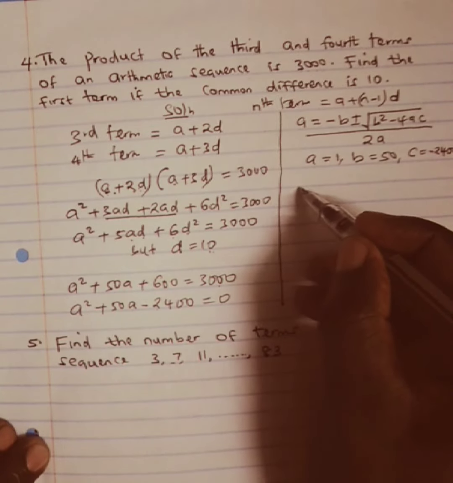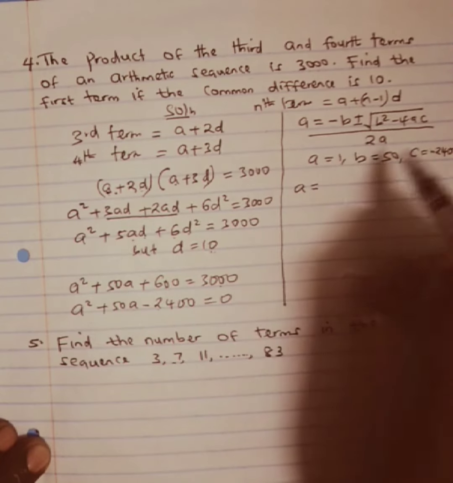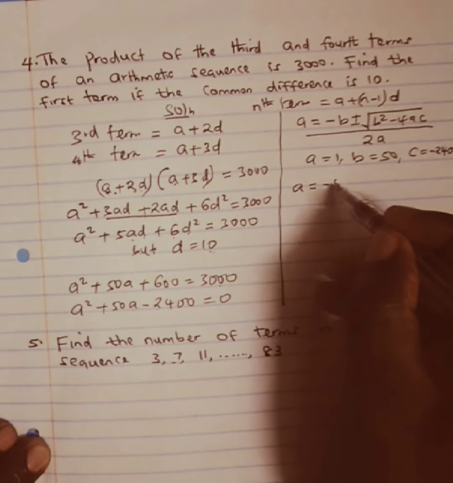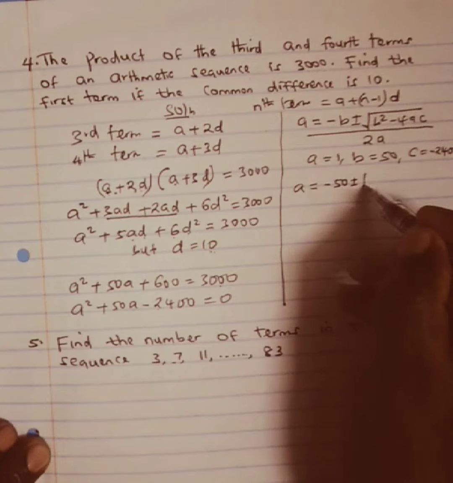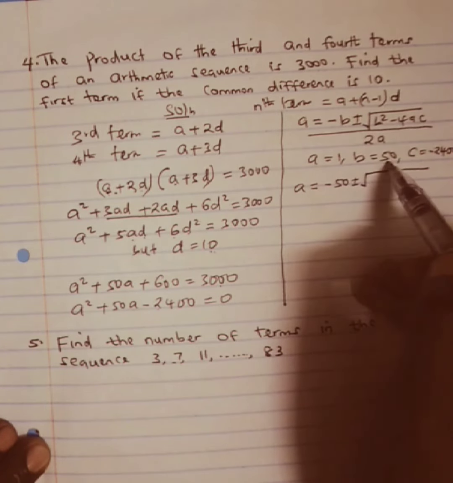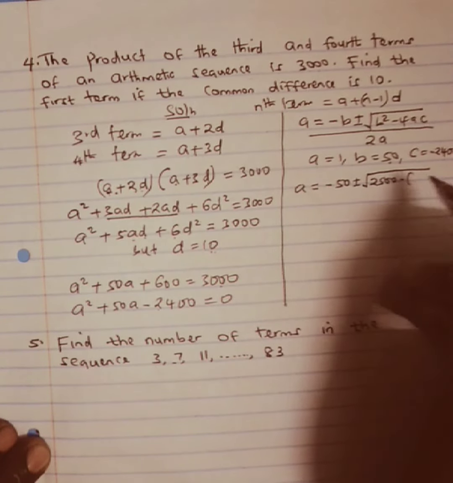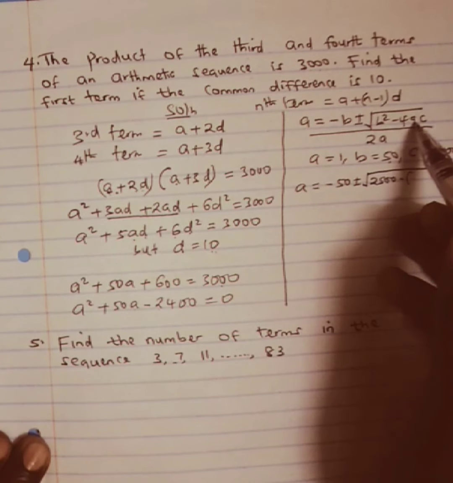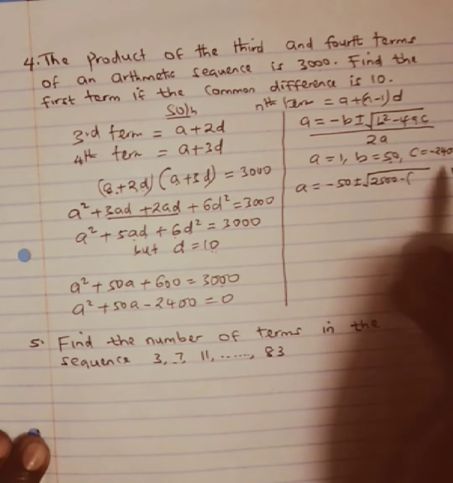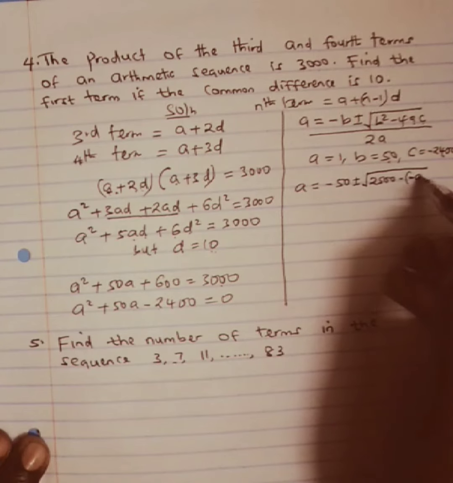This one is going to be equal to a is equal to minus b, and our b is 50, so we are going to have minus 50 plus or minus the square root of b squared. b is 50, so 50 squared you get 2500 minus we have 4 times a, which is 1, times c, which is negative 2400, and this one is going to give us negative 9600.